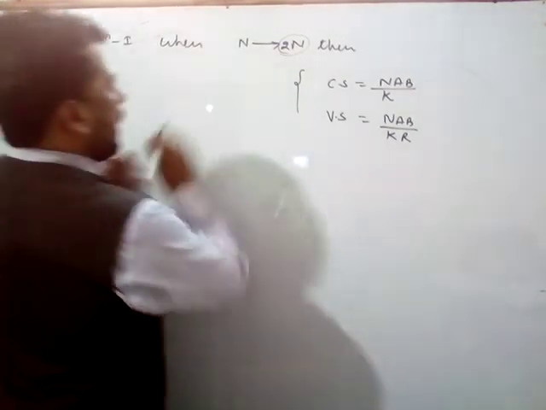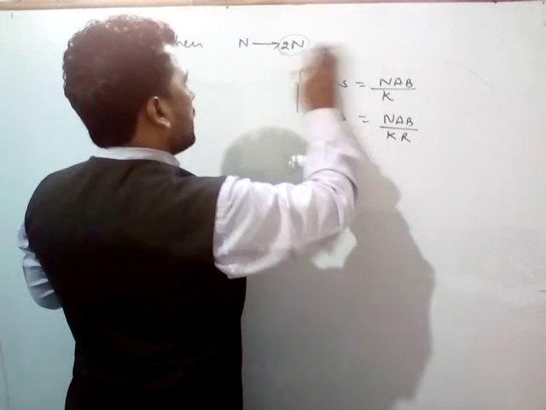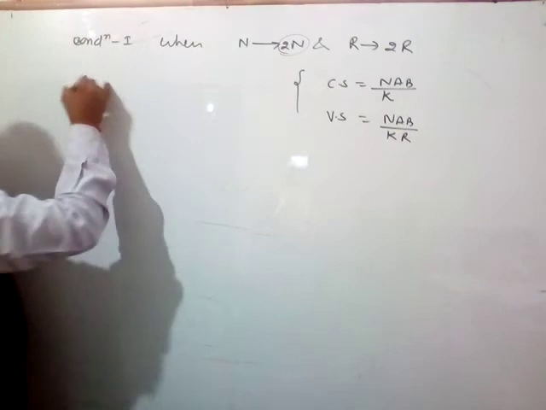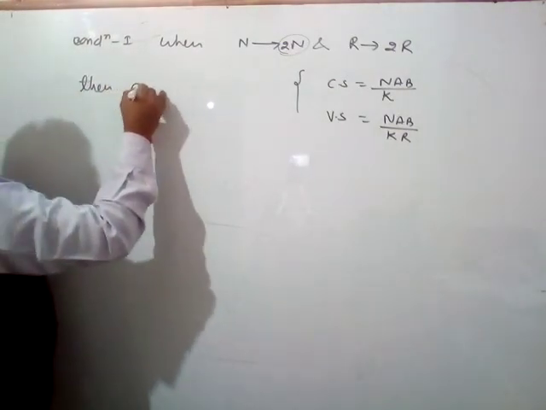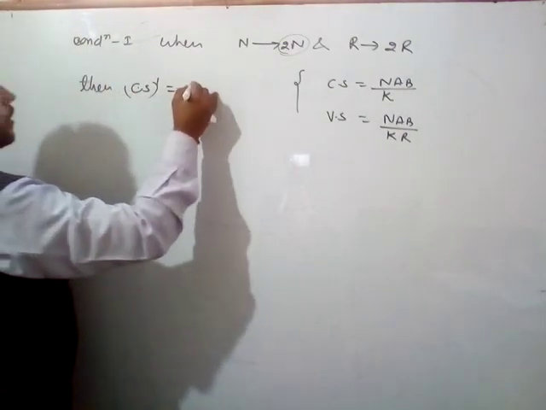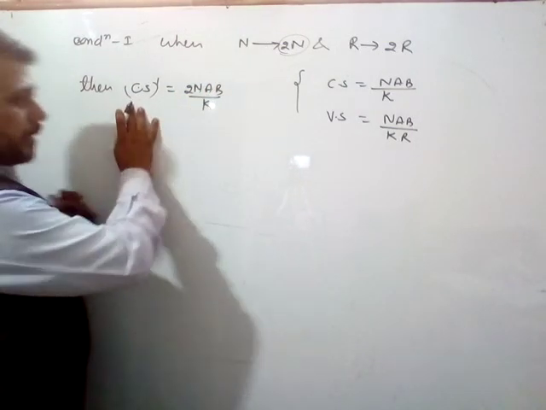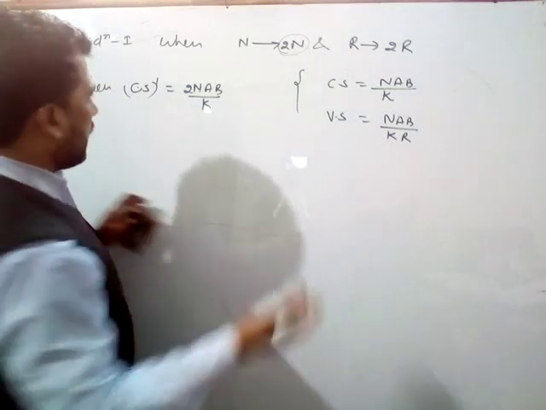Now another change: if n is replaced by 2n and R is replaced by 2R, then Cs dash equals NAB upon K, and current sensitivity doesn't depend upon the resistance.